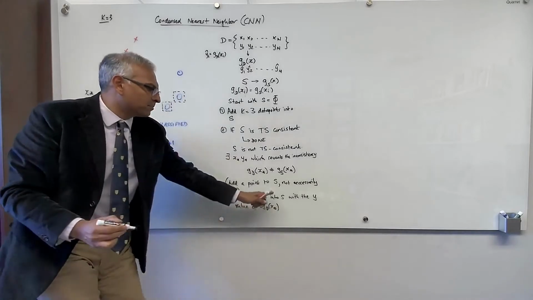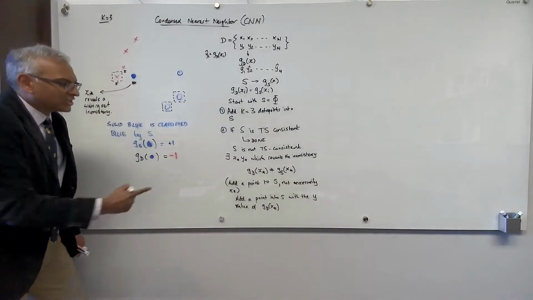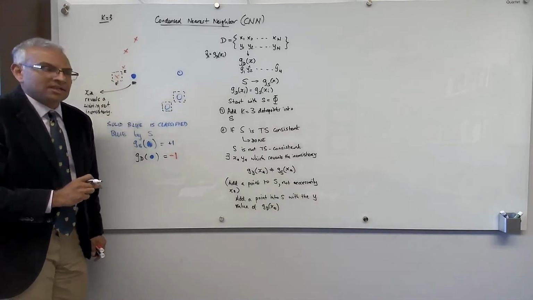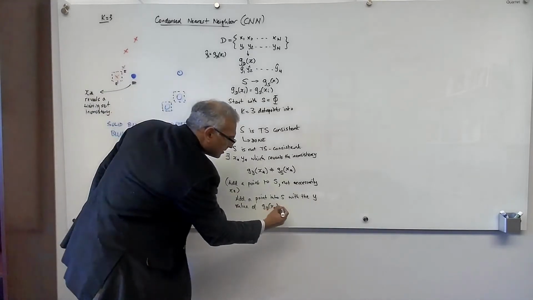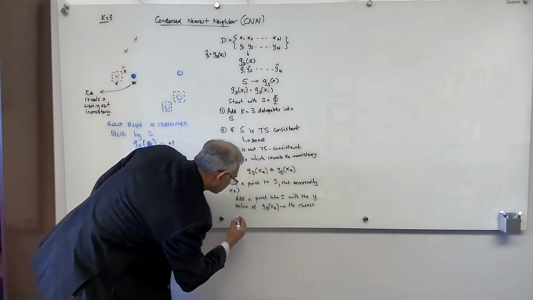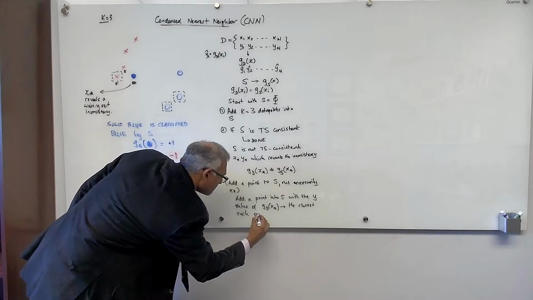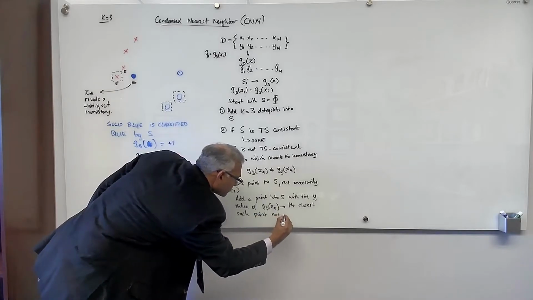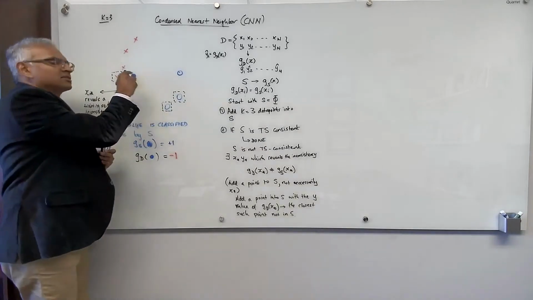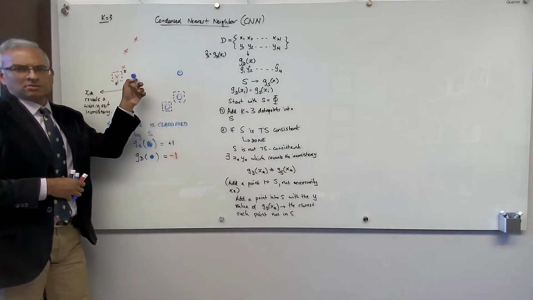And which point? Add a point into S. Which point? That's where x star comes in. Add the closest point to x star that's not already in S. The closest such point not in S. Okay, now why closest? Because we're trying to improve the classification on this x star.